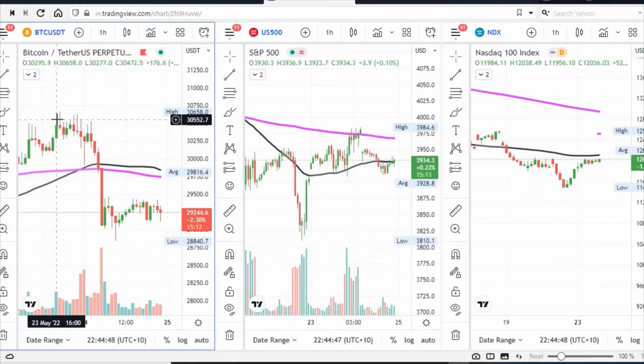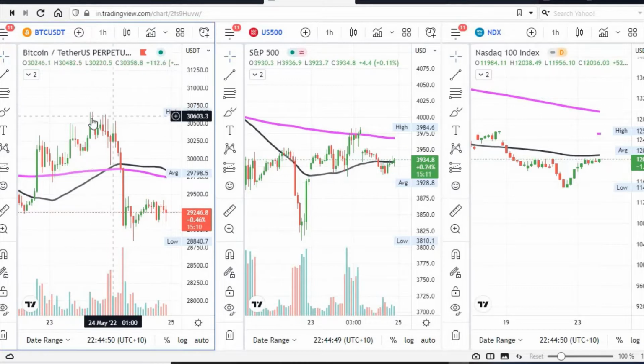The moment it faced some resistance around this particular zone that we have been clearly calling out for so many past videos, we have very clearly called out that 31,000 is going to be a very stiff resistance. That's what I have been calling out for the last many days, and that's still playing out exactly.